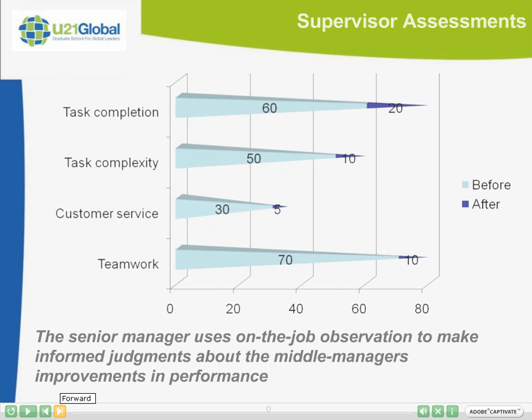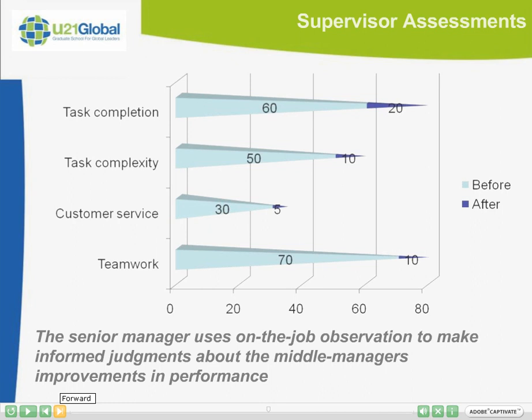Well, one method you can use is called the supervisor assessment. And this is where the senior manager uses on-the-job observations to make informed judgments about the areas in which a manager has actually improved. So let's look at this example.